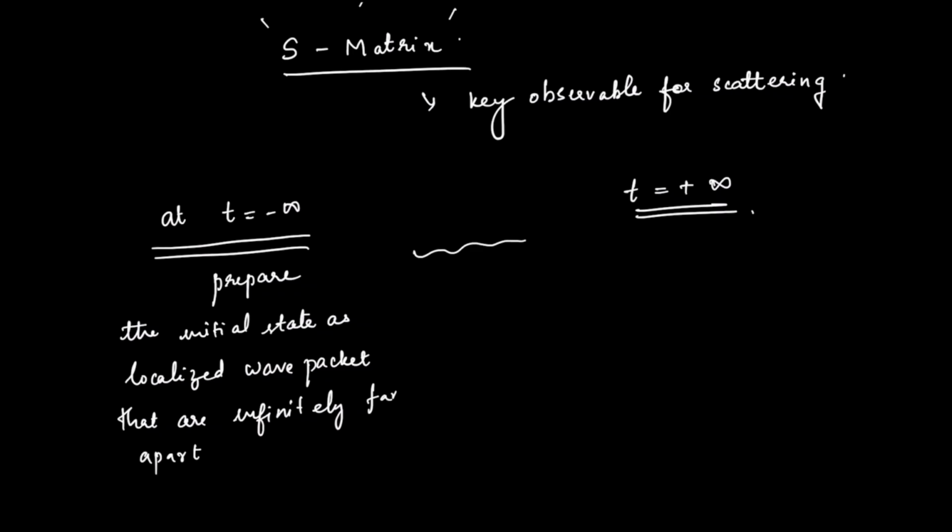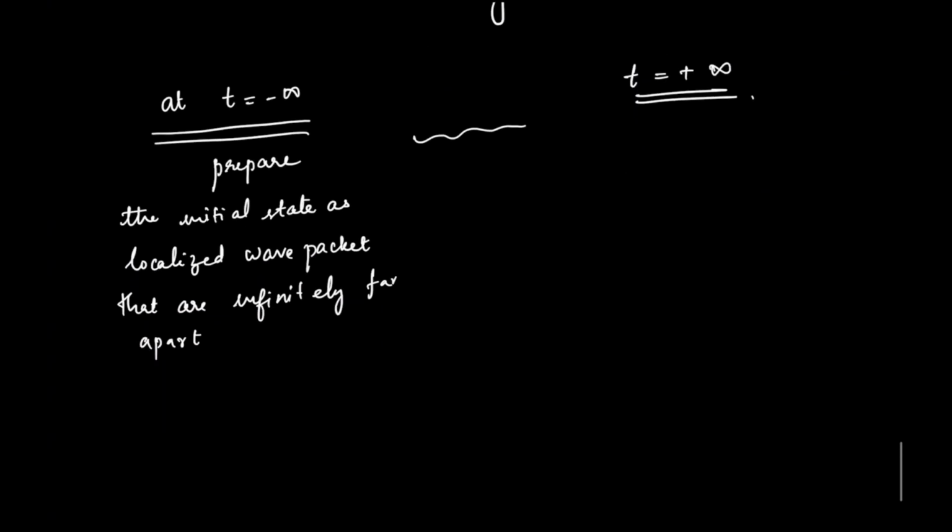So initially the states are far apart, and you have to aim them in such a way that you prepare their initial momentum so that they come together at some point, and then they will scatter and interact with each other, and the final product will go away from each other at the end, and they are again far apart. That is at t is equal to plus infinity.